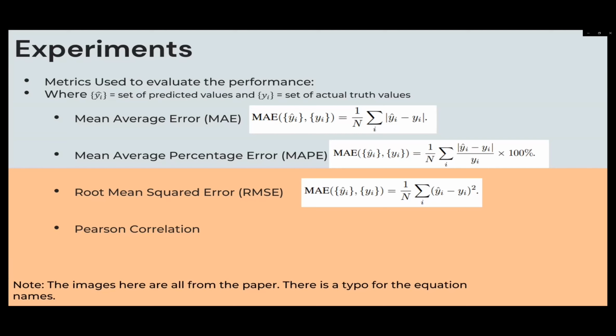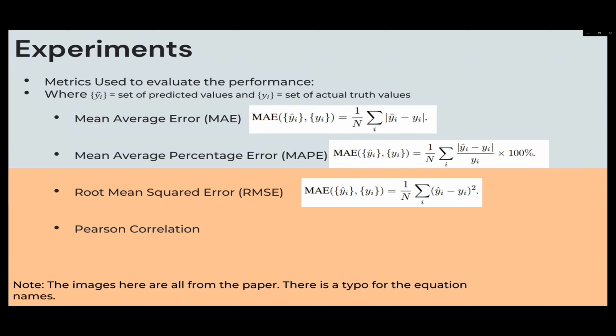So in this case, it would be the predicted heart rate or the predicted heart rate variability. Whereas the set of y is going to be all the actual ground truth values. So these determine the prediction and compare it to the truth to get all these metrics out.